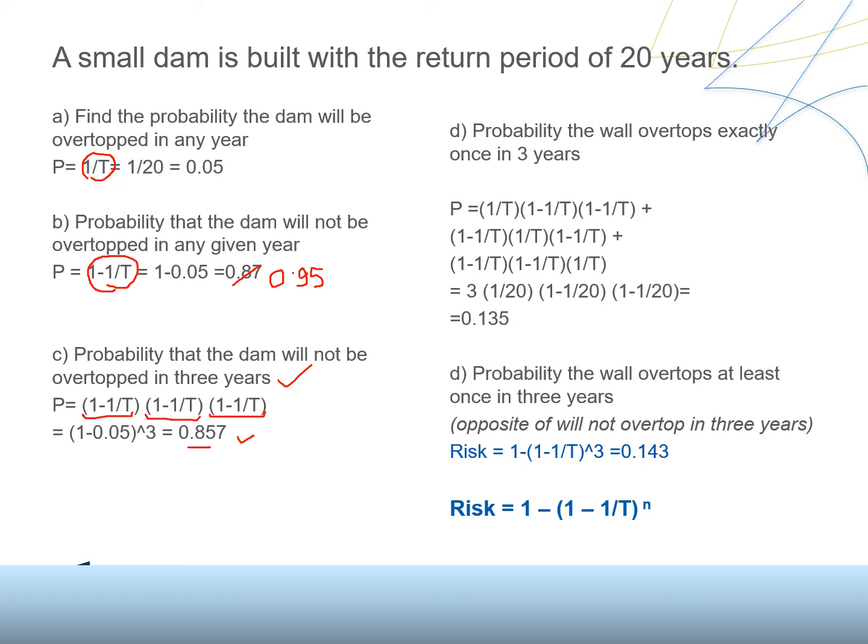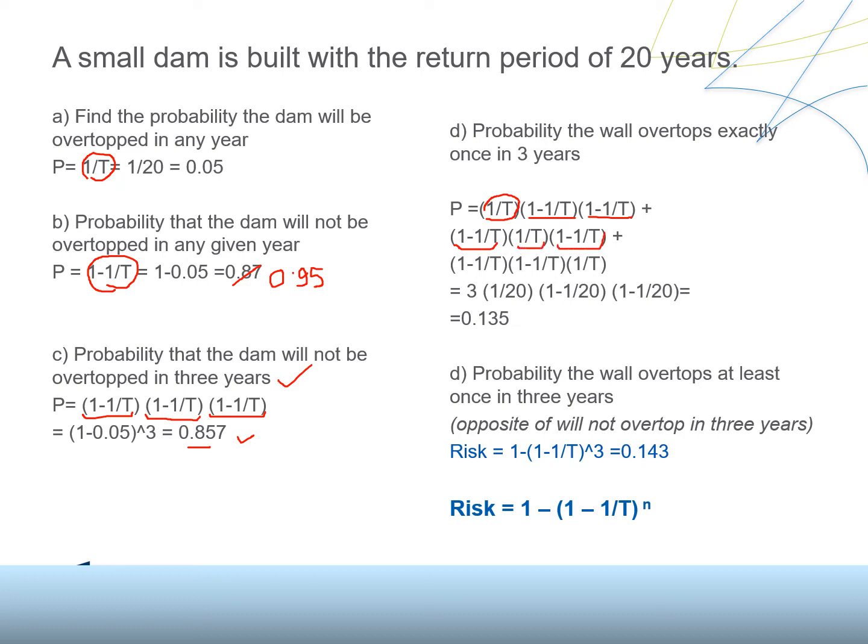Now probably the wall will be overtopped exactly once. That means, let's assume first year it will be overtopped, and then second and third year it will not be overtopped. So that is one option that could be possible. Plus the probability that first year it will not overtop and then second year it will be overtopped and then not overtopped as well.